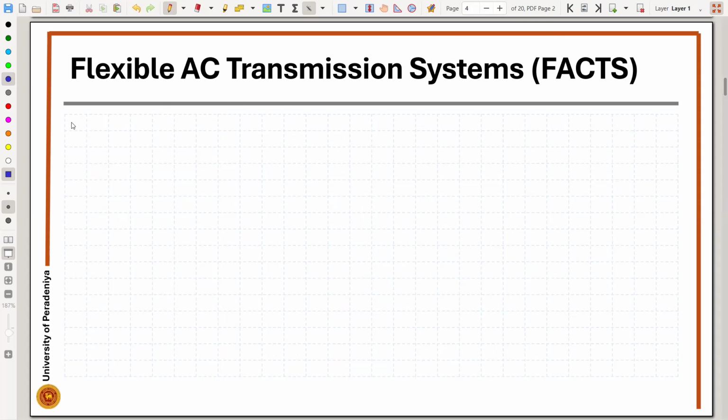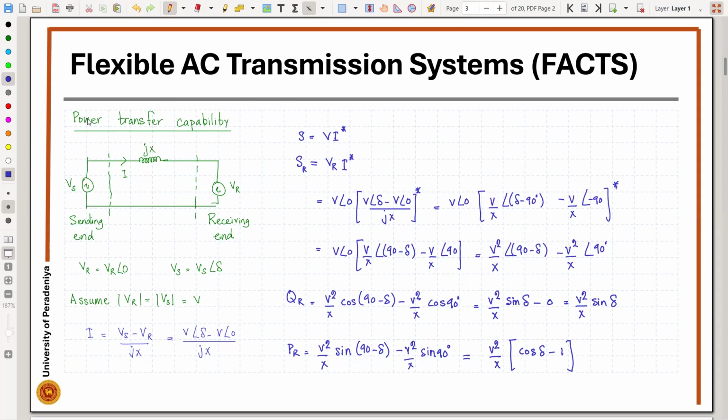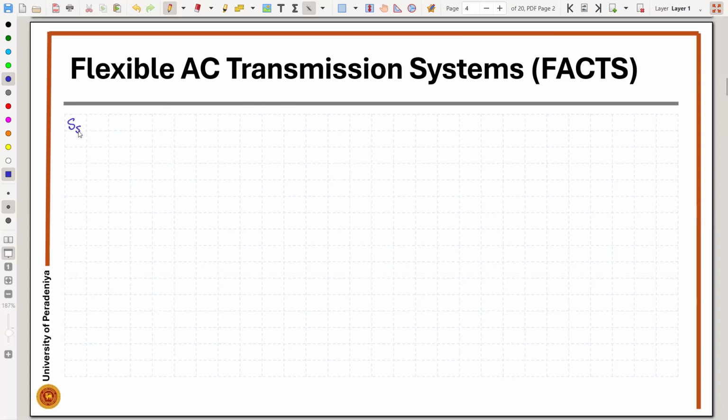So when we consider the sending end, earlier I considered the receiving end. If we consider the sending end power, we would have Vs times I conjugate. So Vs is V angle delta, and I would be V over X angle delta minus 90, minus V over X angle minus 90, conjugate.